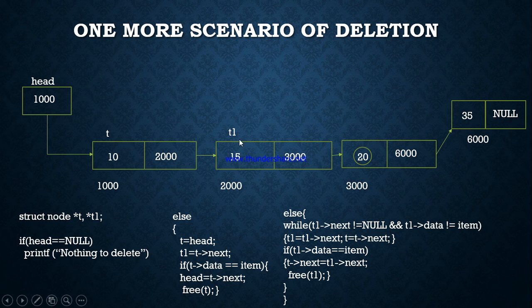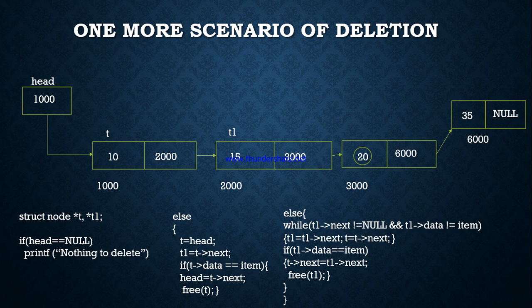T is at 10. T points to the node created at 1000 position and T1 points to the node created at 2000 memory location. That is, T points to the first node and T1 points to the second node.